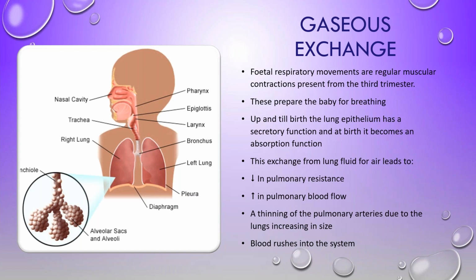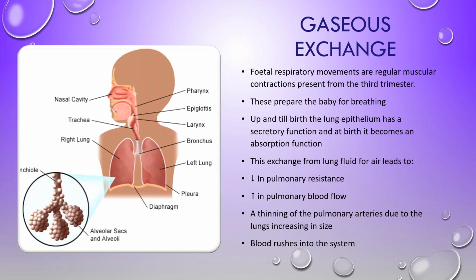So when we look at gaseous exchange, fetal respiratory movements are regular muscle contractions which are present from the 3rd term. They prepare the baby for breathing. So they've got to get those little intercostal muscles working and developing. Up until birth, the lung epithelium has a secretory function, and only after birth does it become an absorption function.